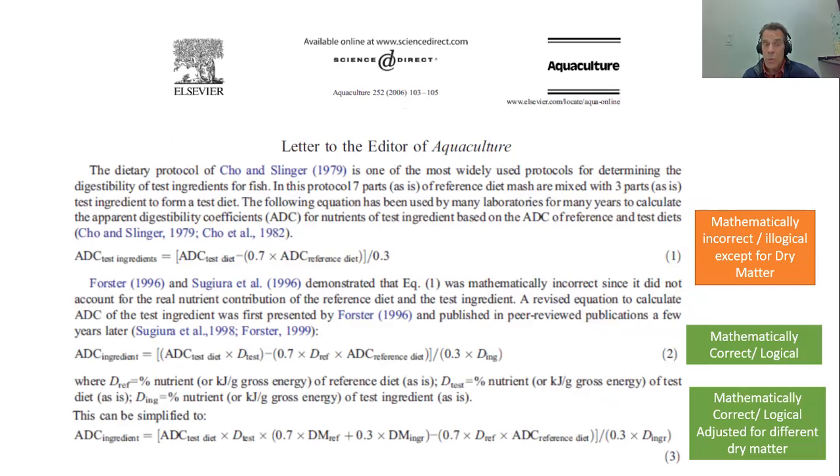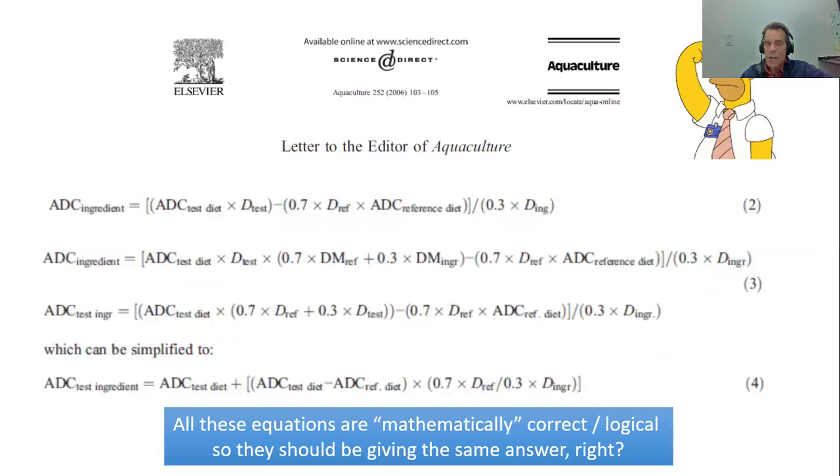So Foster proposed a new equation, and I started using it, but we started to get some errors with it. So I started digging deeper and wrote a letter to the editor of Aquaculture with my colleague Catherine Watt, where we described the mathematical process.